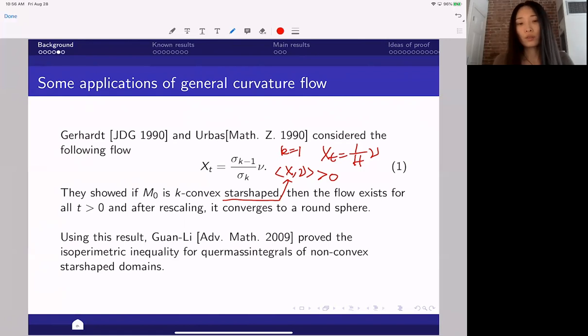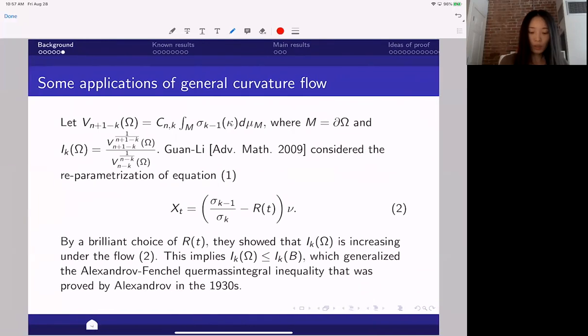Then, using this result, Guan and Li in 2009 proved the parametric inequality for non-convex star-shaped domains. So what is the parametric inequality? We let V_{n+1-k} equal a constant times the integral of the sigma_{k-1} curvature over the manifold.